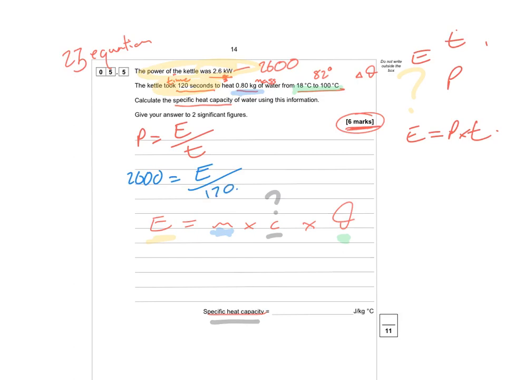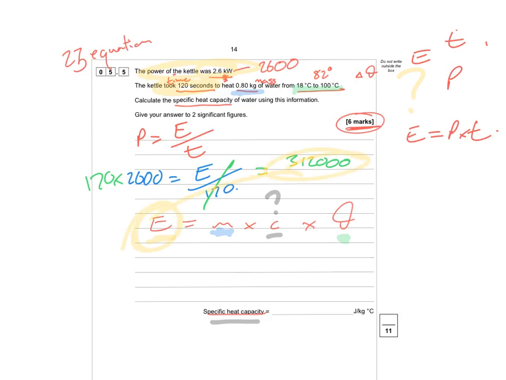If we then rearrange this, I need to get rid of divide 120, so I'm going to take that up there and times by 120. That cancels that out. E therefore equals 312,000 joules, and that is what goes into here.